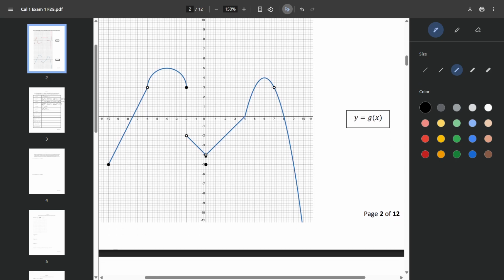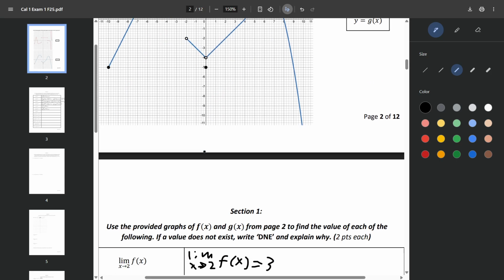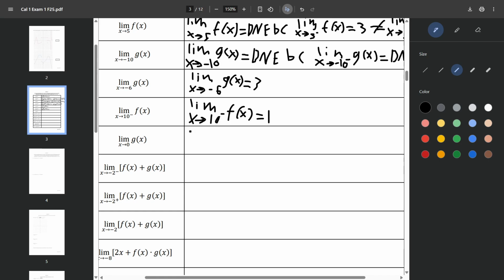So as we can see, our graph is approaching negative 4 from both sides of the graph, and so our limit of x approaching 0 of g of x equals negative 4.